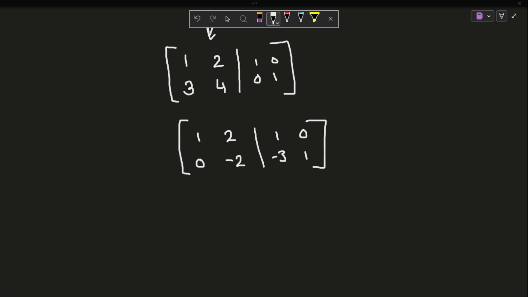And then we need to get rid of the 2 here in the second row, and also need to get rid of this -2 and make it a 1.